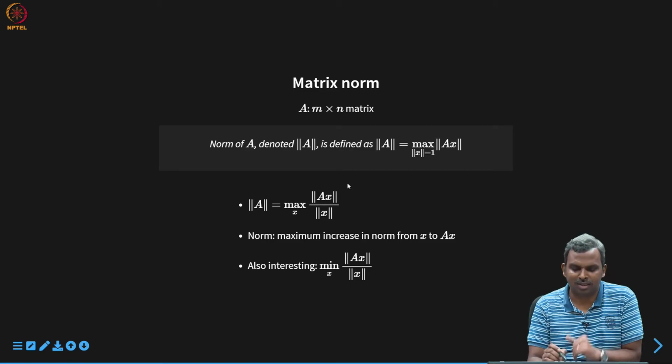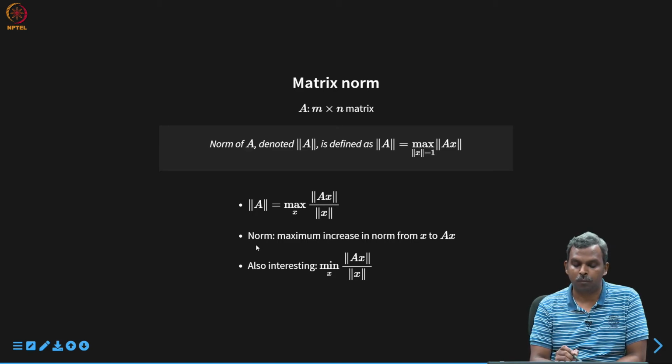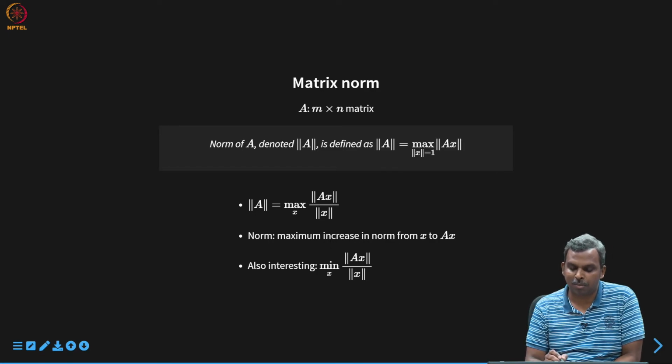You can think about why this is well defined. So this is correct, and this and this are the same. So in this sense, norm of A represents the maximum amplification that X will get from A. So that's the norm. That's good to know. This is the maximum multiplicative increase, sort of maximum amplification.